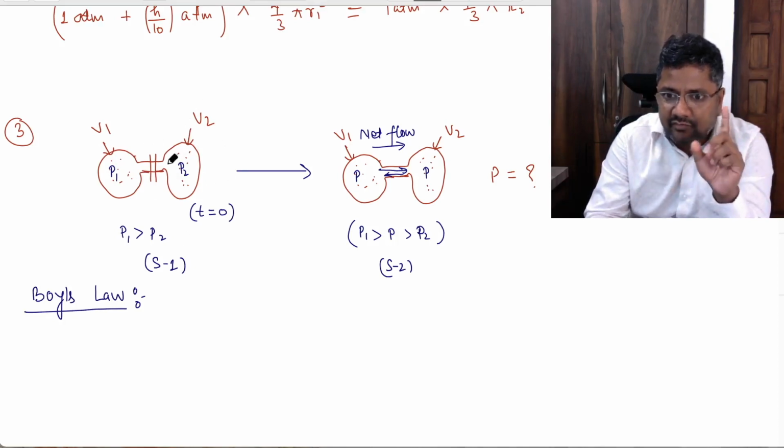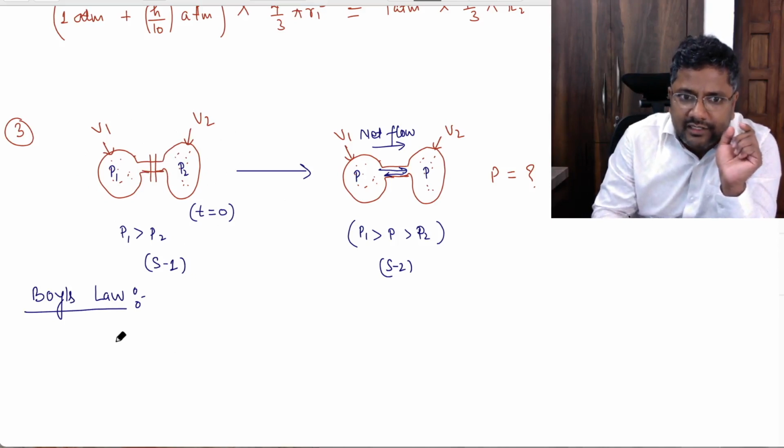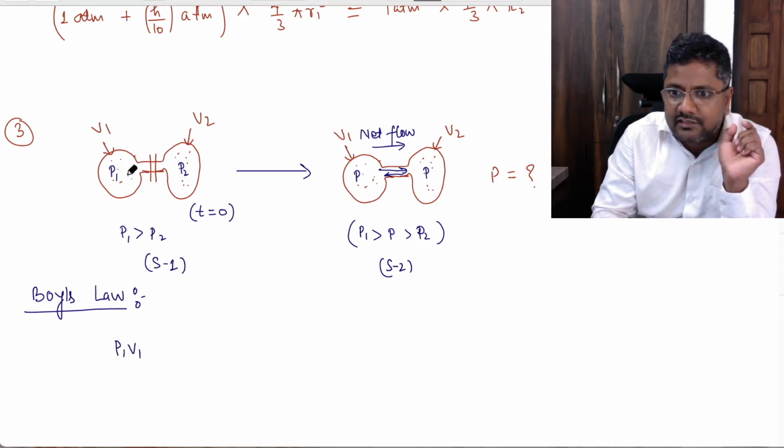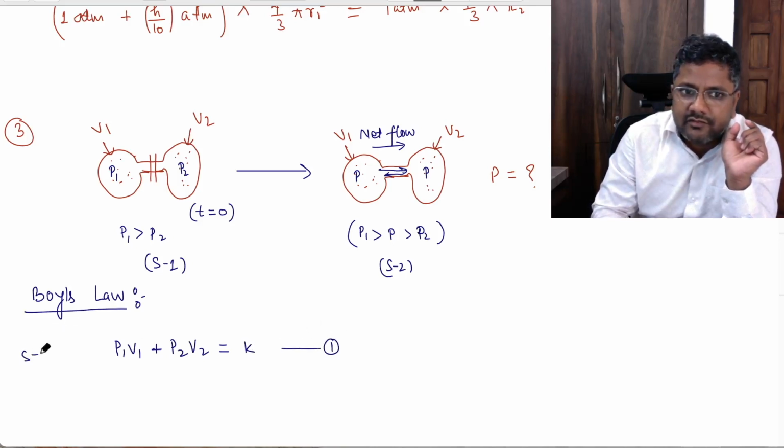you can write here P1 into V1, this, plus this, you can add P2 V2, the pressure of this times V2, equal to K. This is equation 1, which I have written in state 1.